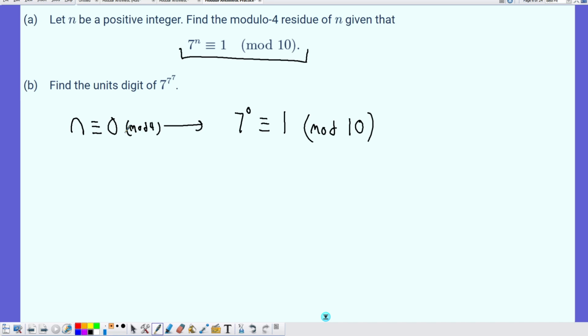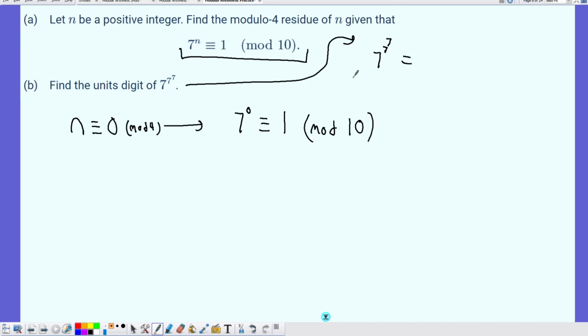But let's just find some more examples, because in part B, it's asking us to find the unit digit of 7 to the 7 to the 7th power. Now, this is quite a big value, 7 to the 7 to the 7th power.